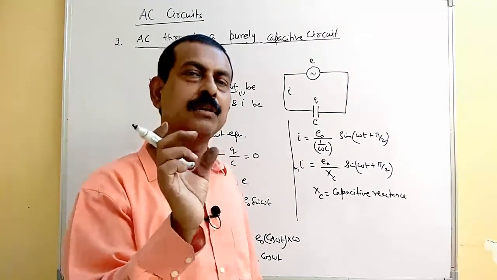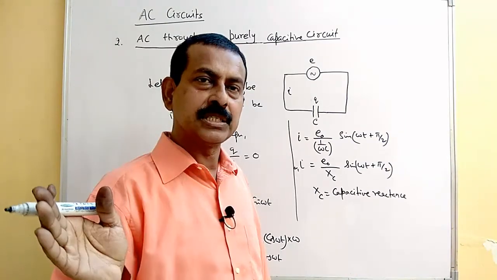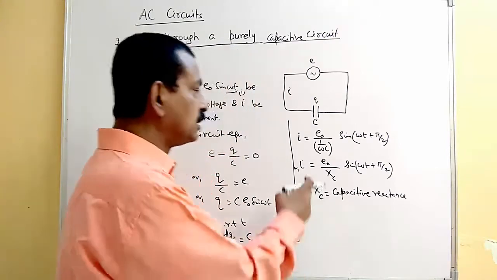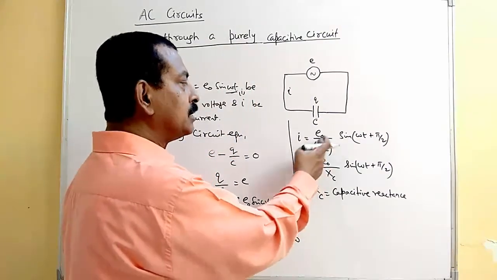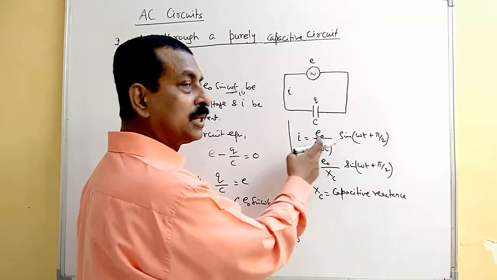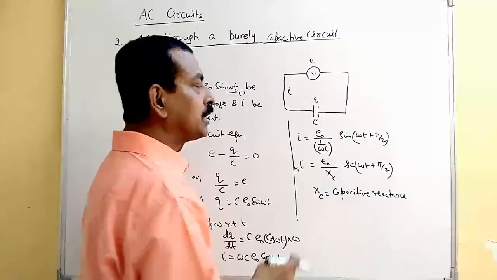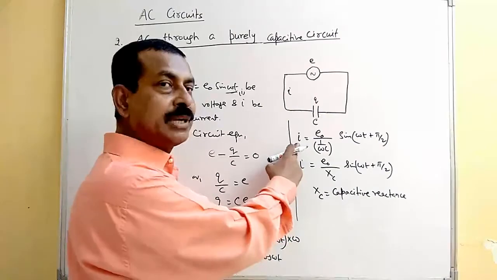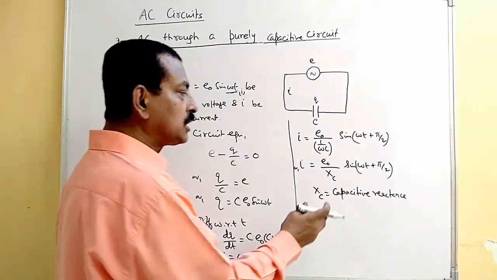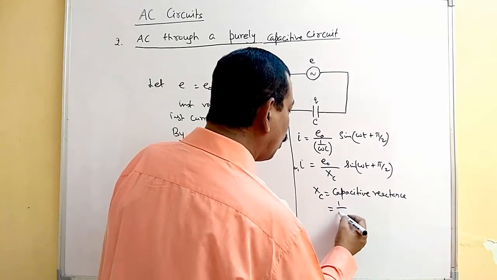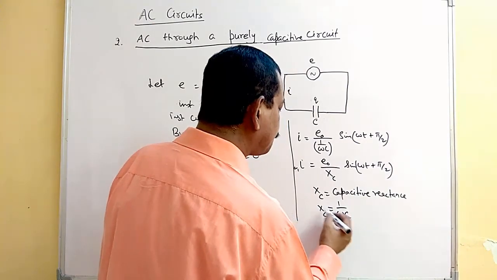That means it is similar to resistance; its role is similar. Dimensionally also, this term comes in place of the resistance, as it is the voltage, and it should represent a current term, because on the left side we have the current. So this is called the capacitive reactance, and its value is 1 by omega C.